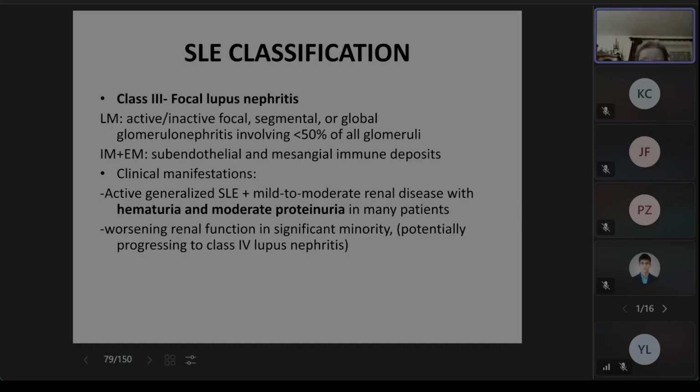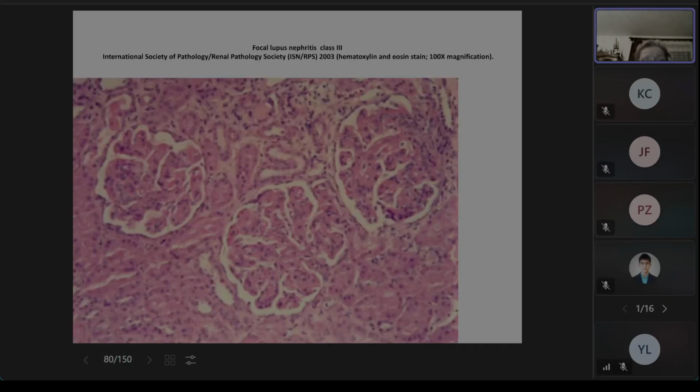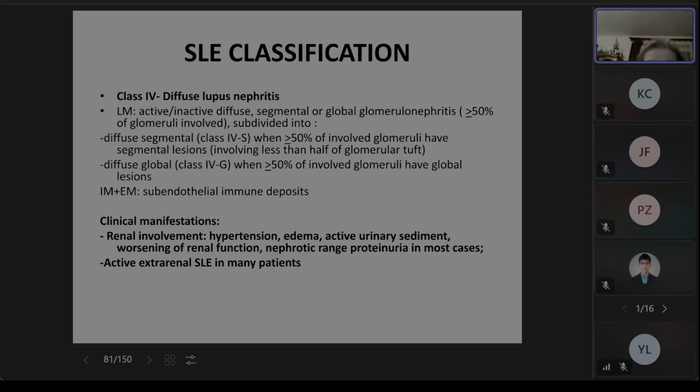In some patients, we can also observe worsening of the renal function. Here is the typical focal lupus nephritis with some segmental changes, like for example here. And here you can see that the regions look almost quite good.